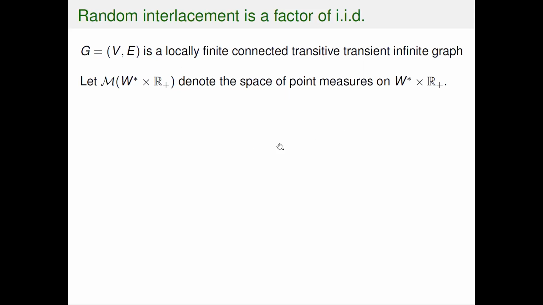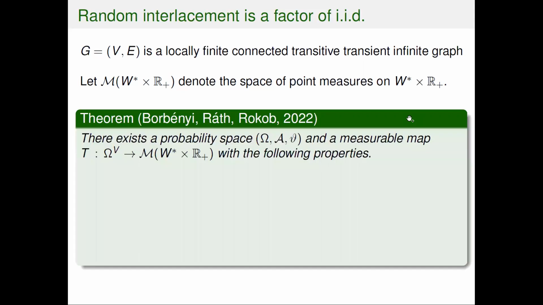This interlacement point process X is an element of the space of point measures on the set W* times R, the set of labeled doubly infinite trajectories modulo time shifts. So here is our theorem.